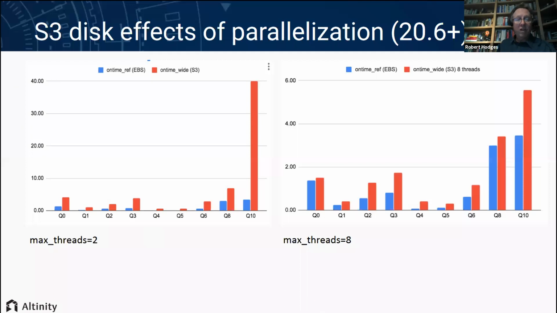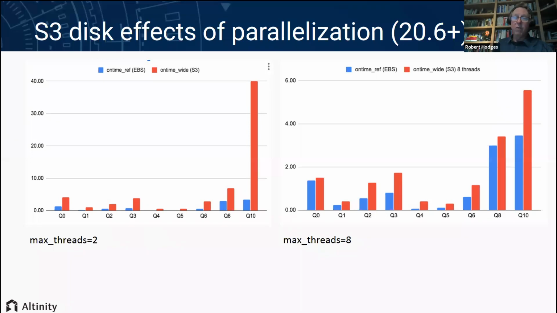So you see the difference when you have 2 threads versus 8 threads. The blue is the reference implementation, where we're writing to block storage, in this case EBS, and the red is the S3 performance. As you go between these two graphs, you can see that the S3 performance is starting to become, in some cases, very close to EBS.